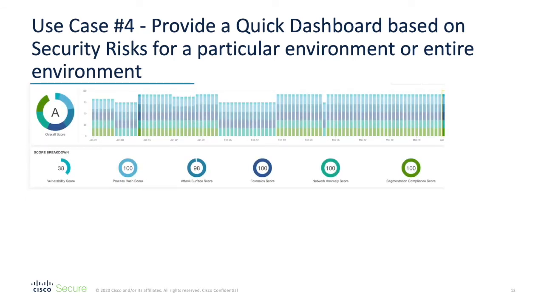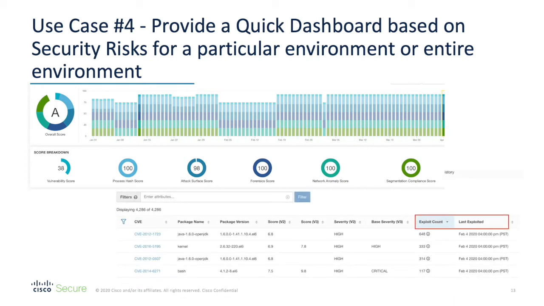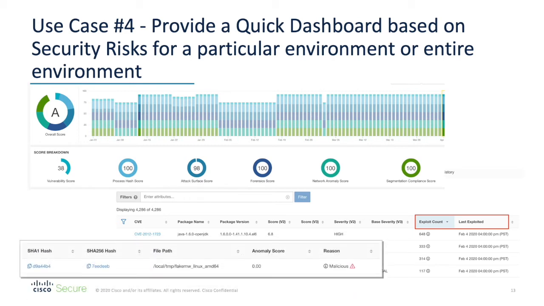Cisco Secure Workload can identify vulnerabilities associated with operating system kernel version and packages. Also with security threat intel that shows you what CVEs are weaponized in the wild and how many times they've been exploited in any environment in the last year. The other information is around process hash of known malicious malware.